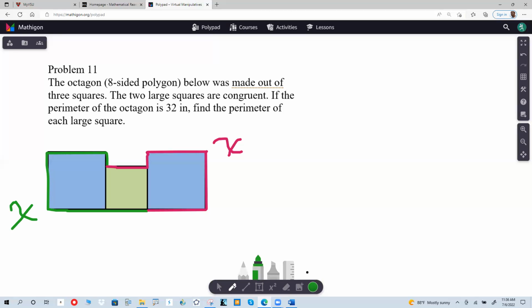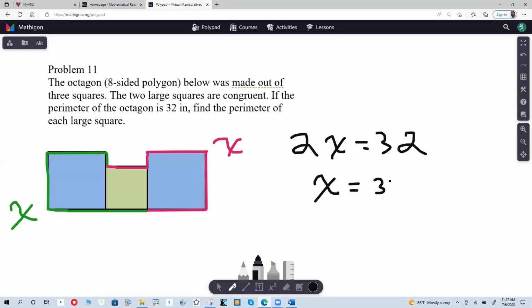And the green pieces are exactly the same, X. And I can now conclude that 2X, the pink X plus green X, is equal to 32. What's the value of X? The value of X is 32 over 2, or 16.